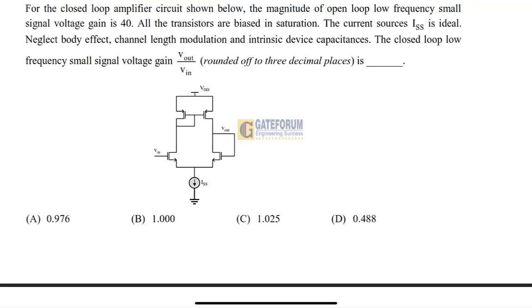The closed loop low frequency small signal voltage gain Vout by Vin, rounded off to 3 decimal places, is fill in the blanks. And this is the circuit given for this question, and the options are: option A 0.976, option B 1, option C 1.025, option D 0.488.